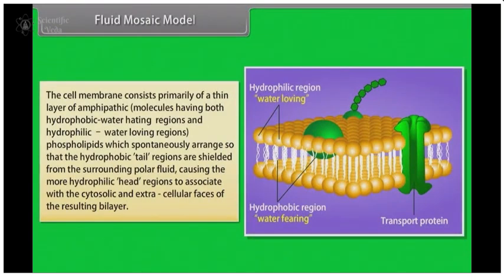The cell membrane consists primarily of thin layer of amphipathic molecules having both hydrophobic, water-hating region and hydrophilic, water-loving regions, phospholipids which spontaneously arrange so that the hydrophobic tail regions are shielded from the surrounding polar fluid, causing the more hydrophilic head regions to associate with the cytosolic and extracellular phases of the resulting bilayer.